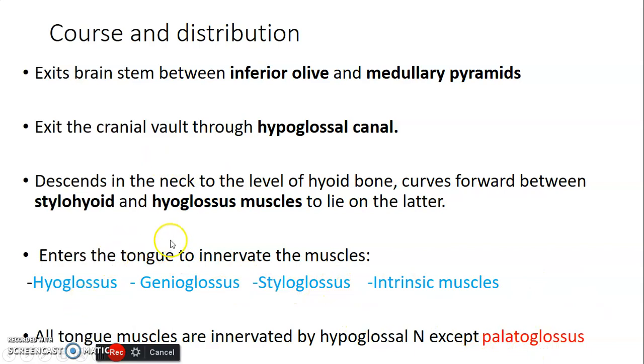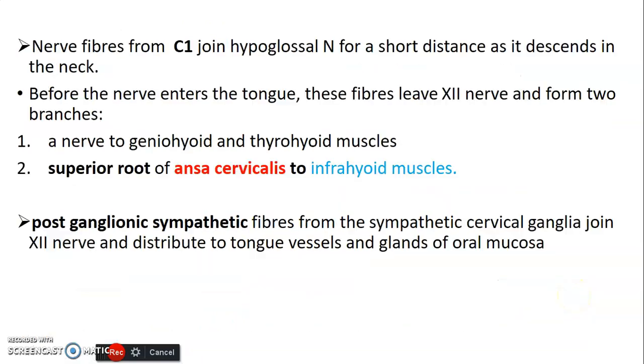Okay, so hyoglossus, genioglossus, styloglossus are extrinsic muscles, and then the intrinsic muscles, except palatoglossus, which is innervated by the pharyngeal plexus. So we have nerve fibers from the C1 spinal nerve that usually join the hypoglossal nerve for a short distance as it descends in the neck.